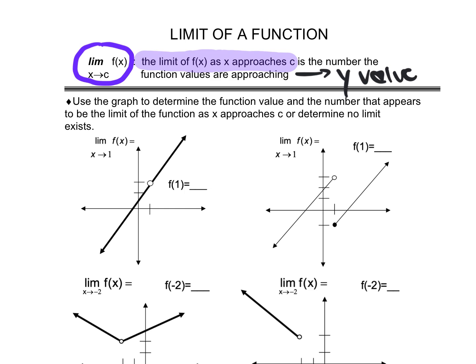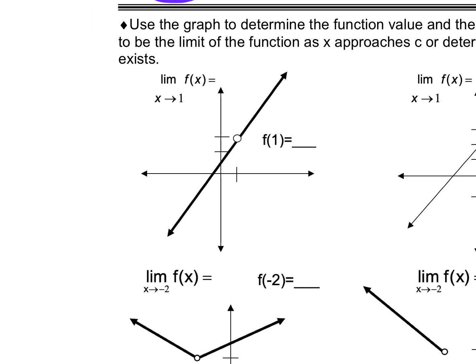So when we look at this first graph here, something we know from the past is this. If I asked you to find f of 1, what is that asking you to do? Go to 1 on the graph and find the what? Y value. What's the issue with that on that graph? There is no y value there, right?